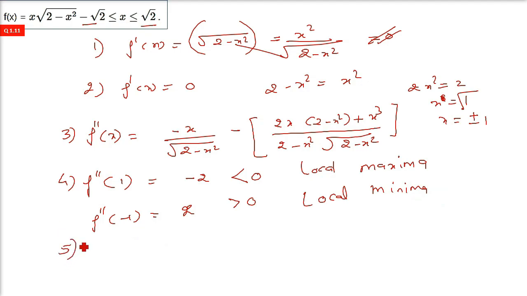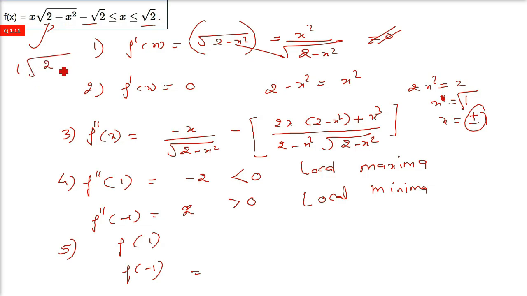Next step is just to find out the value of the function at these critical points. There is nothing with regards to steps 3 and 4. Steps 3 and 4 are only for knowing the sign. This fifth step can also be done just after the second step, because once you are aware of the critical points, f(1) and f(negative 1) have to be placed in the original equation.